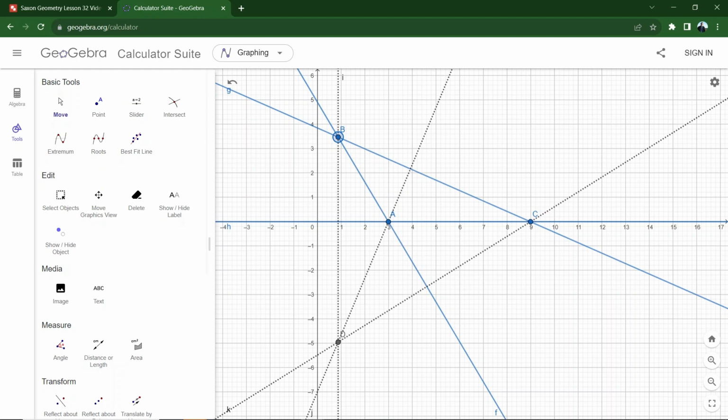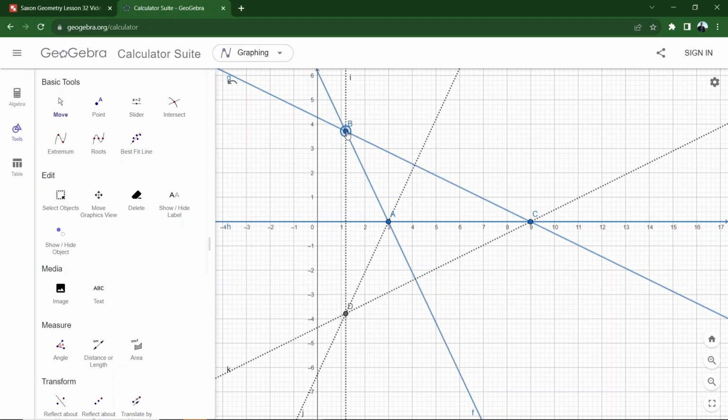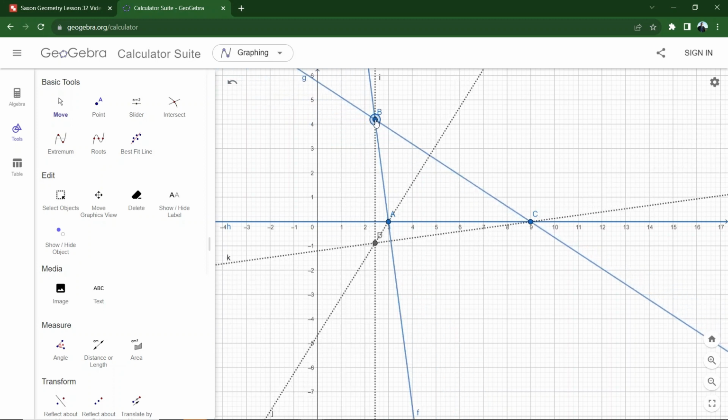But the two acute angles of an obtuse triangle, their altitudes are going to intersect the line containing the opposite side outside of the triangle. That's why obtuse triangles are difficult for finding altitudes, because two of the angles are going to have altitudes outside of the triangle. Let's just drag this back to an acute triangle again just to see that transition.